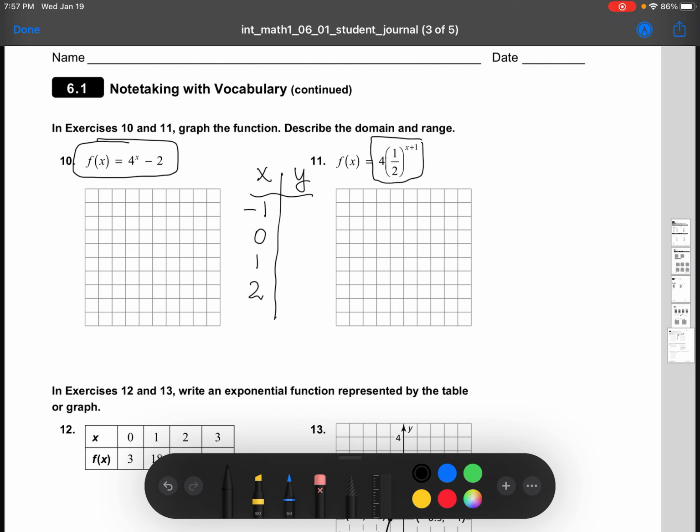If you please take a look at your right, I'm going to solve it here because I have some room. We're going to evaluate the function at -1. So we just need to substitute it here and then solve as needed. Because of order of operations, we need to solve this first.